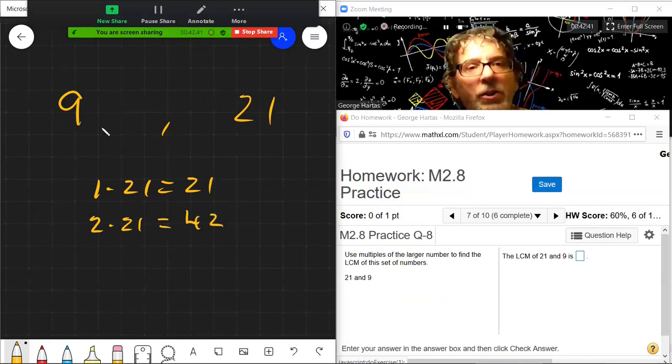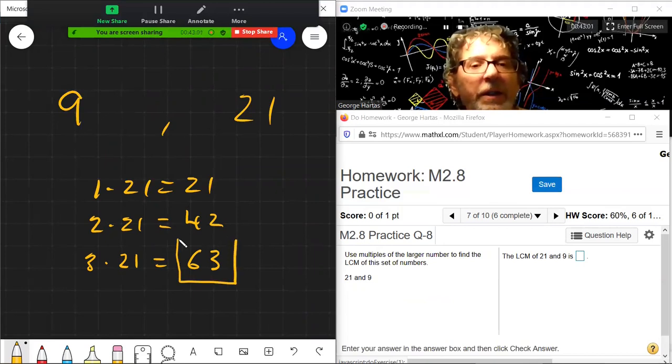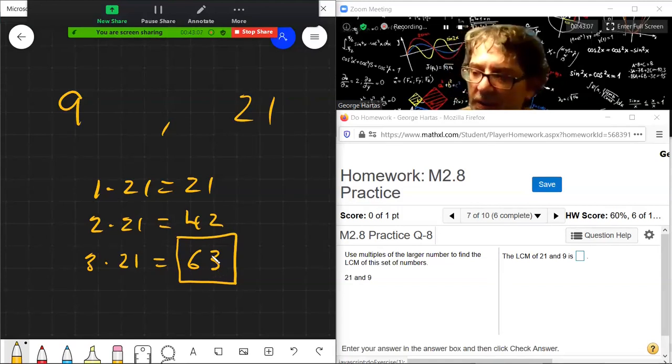Does 9, the smaller of the two numbers, go into 42 evenly? No. Take the next multiple, 3 times 21, which is 63. Does 9 divide into 63 evenly with no remainder? Yes, because 9 times 7 is 63. Nice.